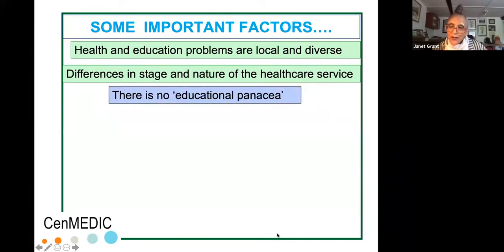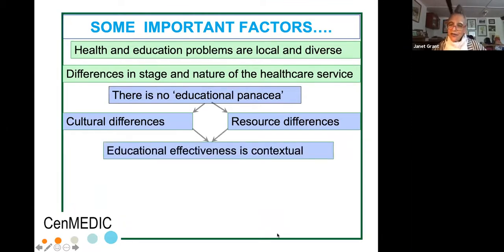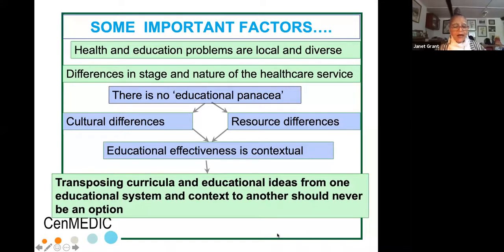There is no educational panacea. There are cultural differences, resource differences, and educational effectiveness is therefore contextual. So you start off by looking at all of these things. Transposing curricular and educational ideas from one context to another is not on. Do not start by looking at someone else's curriculum.